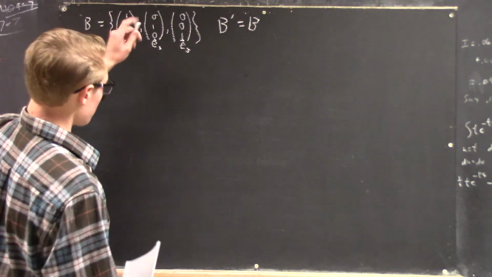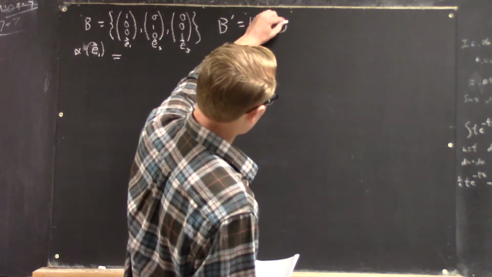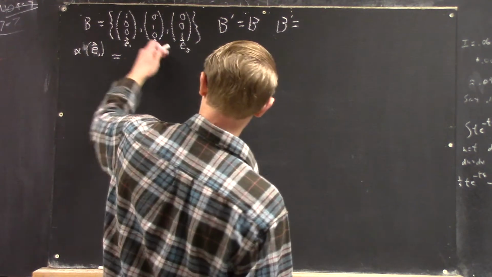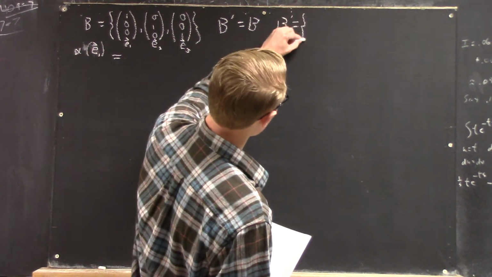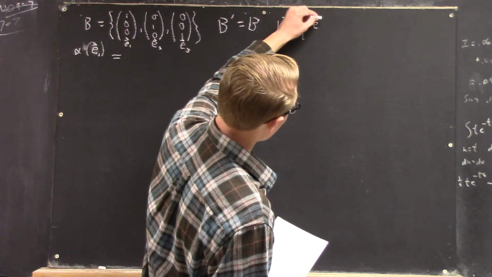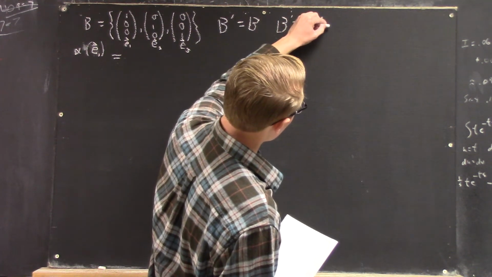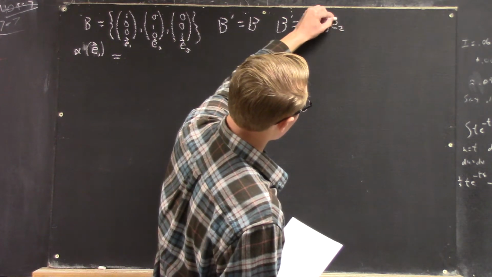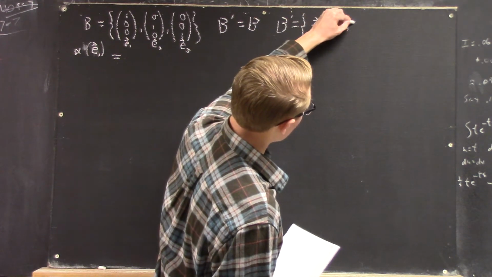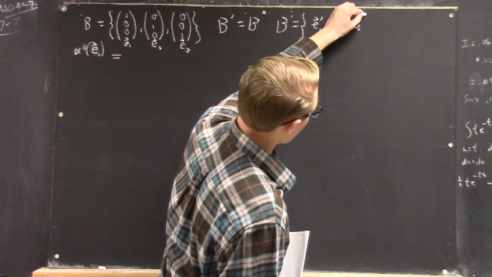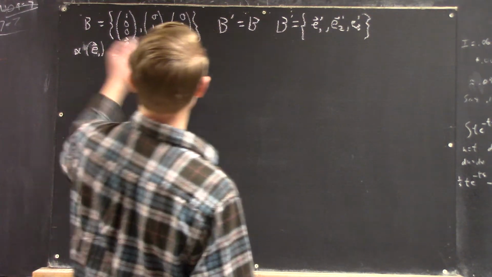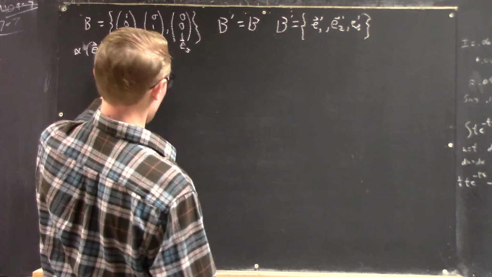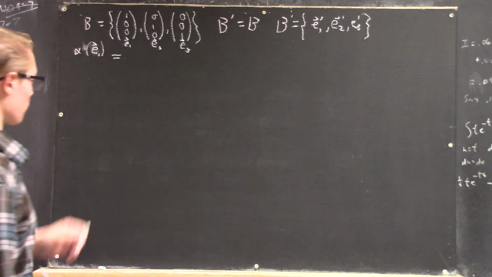We can call those elements of B prime. Of course, they are equal to these vectors, which we can call E1 prime, E2 prime, E3 prime, where each corresponding vector is equal to each other.